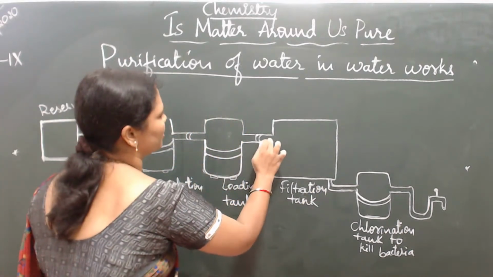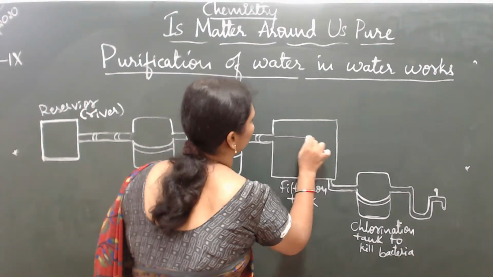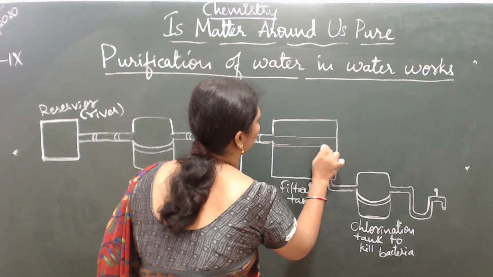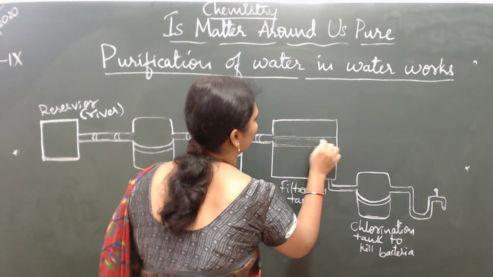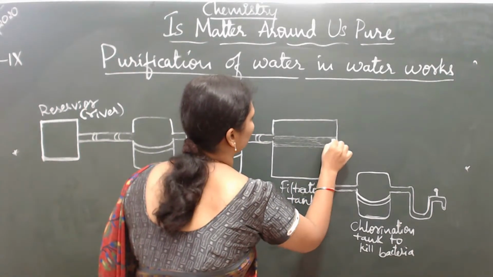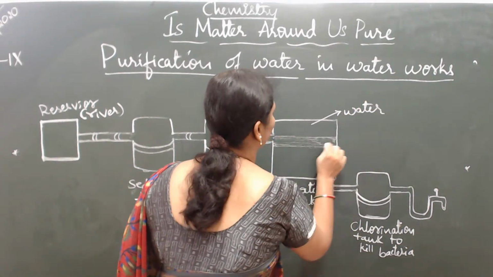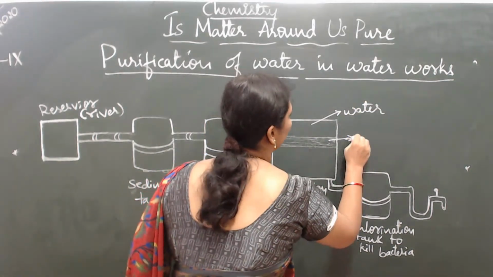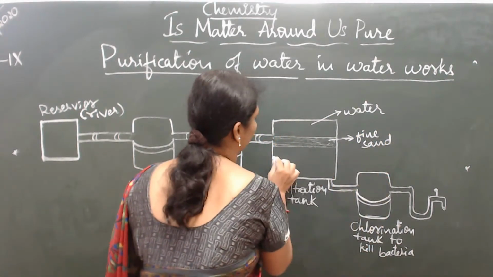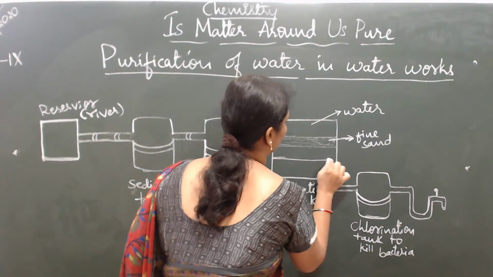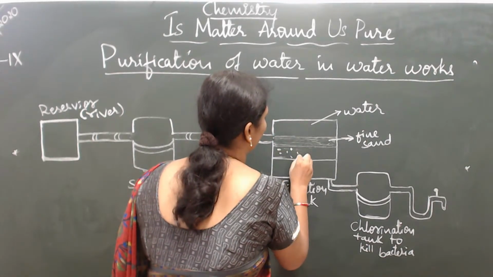Here in this filtration tank, we can see the layers, four layers we can see here. The first layer is a water layer, the second layer is a fine sand layer, and the third one is a gravel layer.